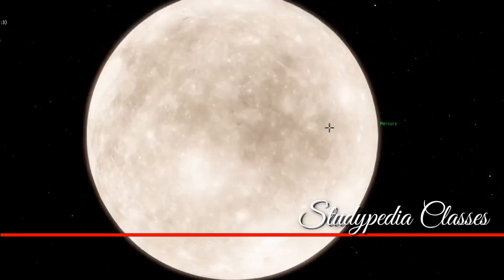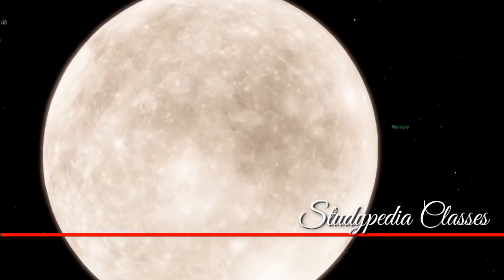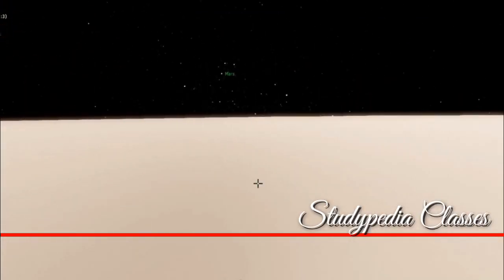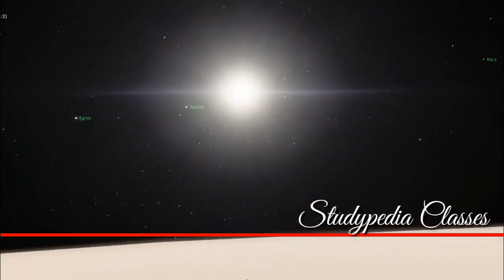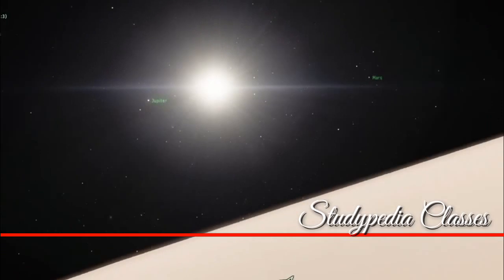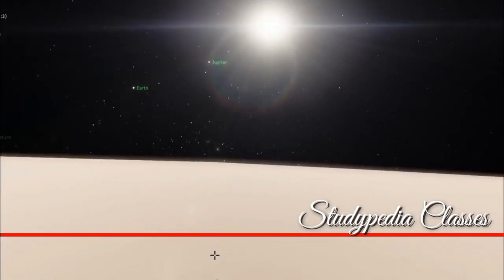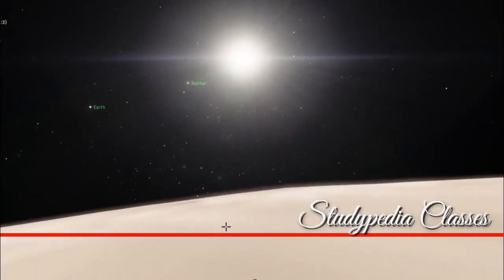Okay, and if we want to land over here, then there should be an option. Yep. So now this would basically land on the surface of Mercury. So this is how it would look if you are on Mercury and you're watching the sun from it. The sun still looks pretty far.